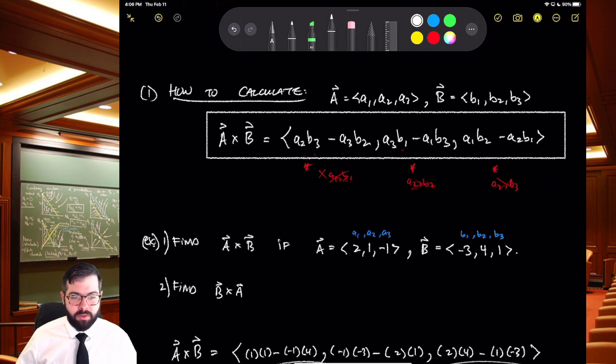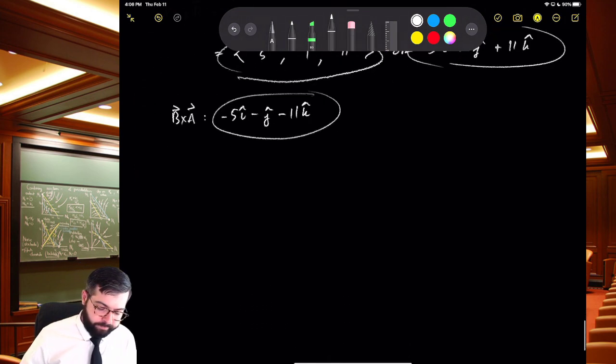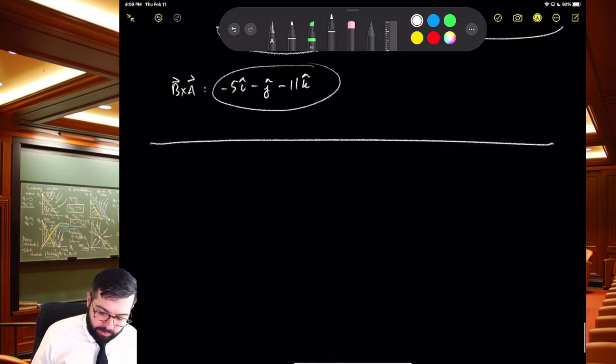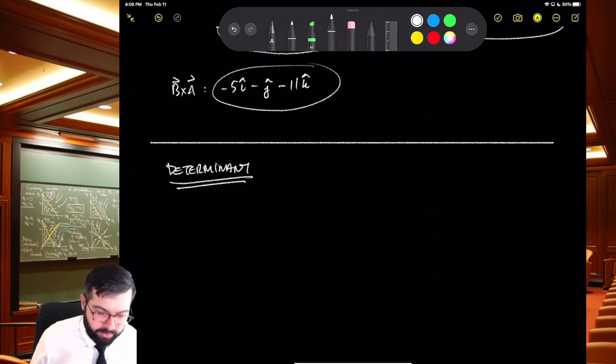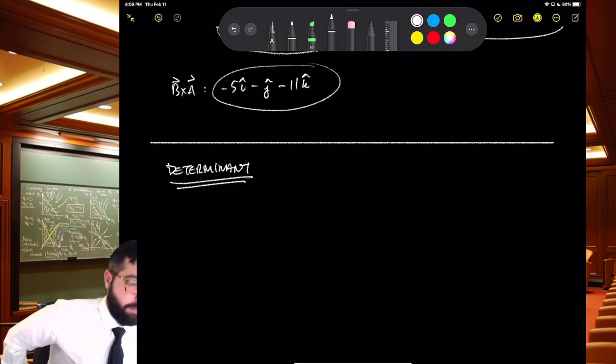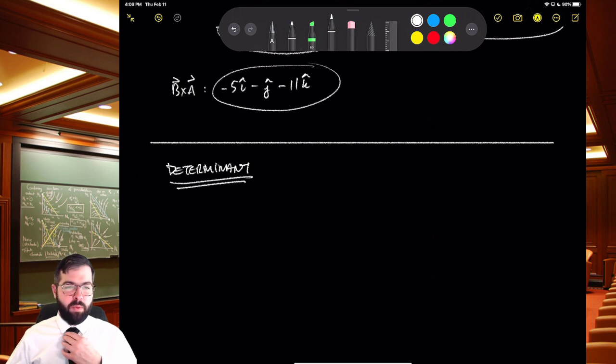Works for most. There is another way to do this that's a little bit more, I don't even know if concise is the right word. So we'll do the same vectors. But I got to explain something to you in a very hand-wavy way.